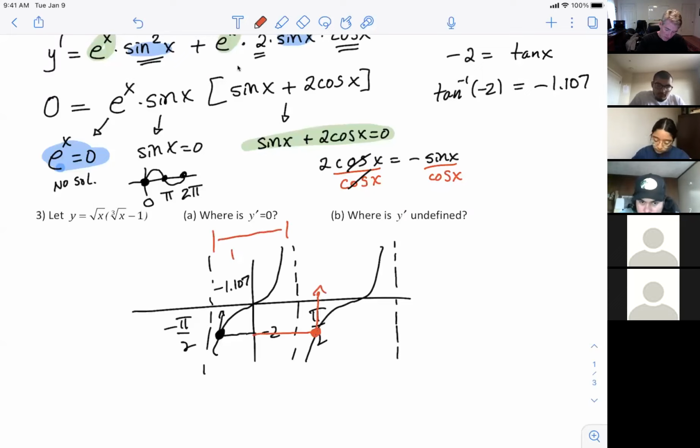Well, the period of tangent is equal to pi. So if you want to get from one branch of tangent to the next, then you just need to add pi. So that means this point would be negative 1.107 plus pi.